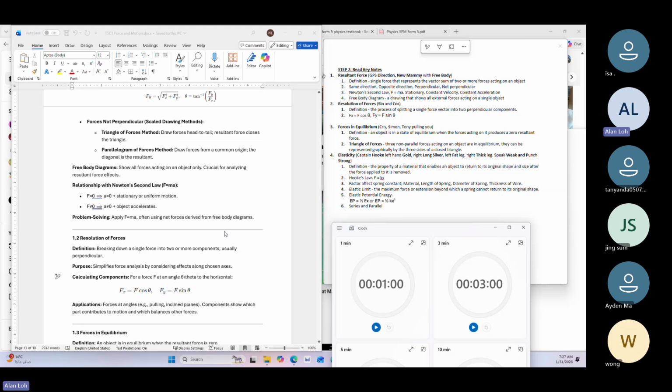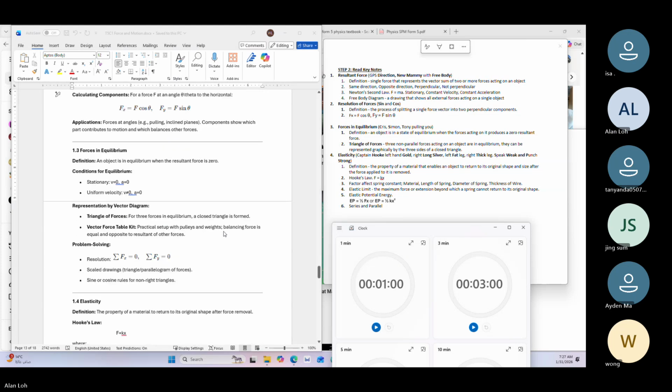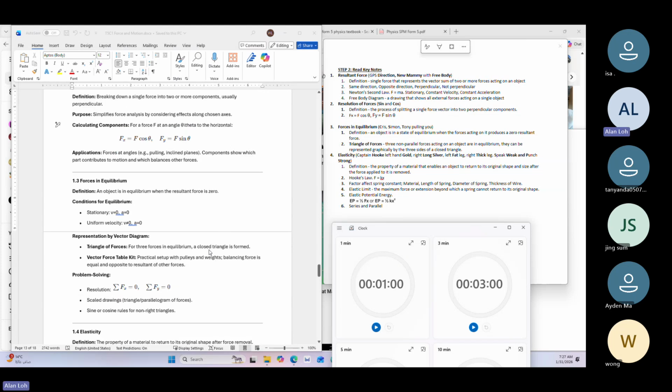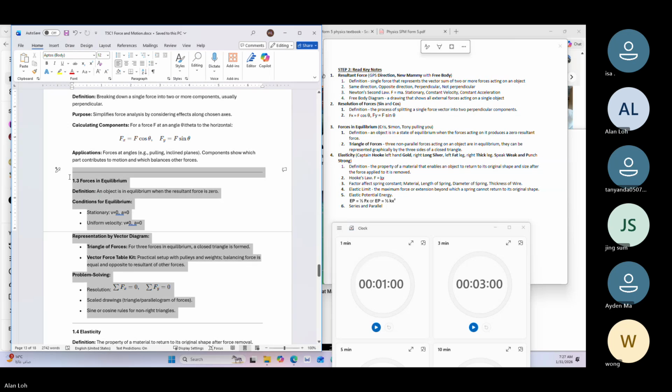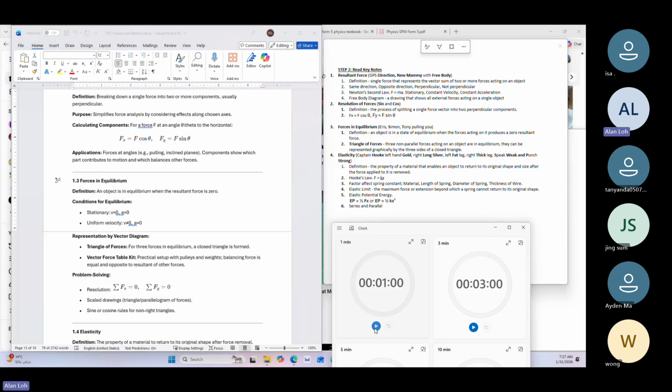Okay, done. Okay, drawer number 3. Let's start now.